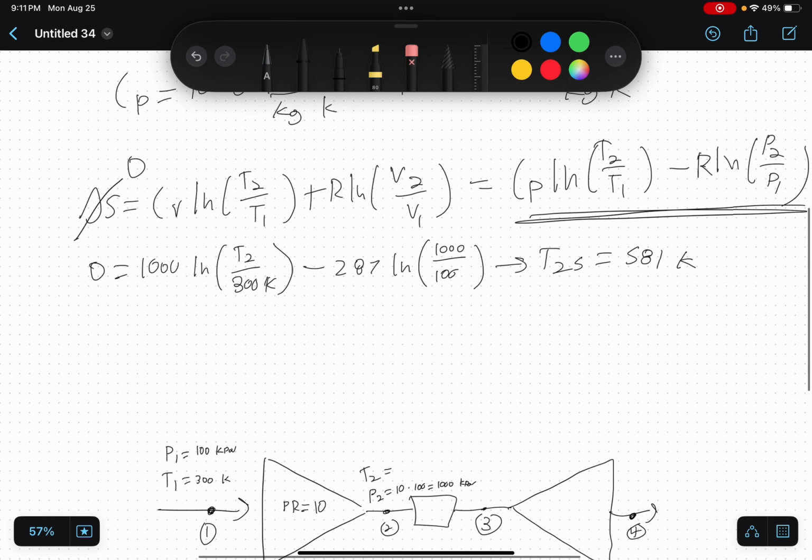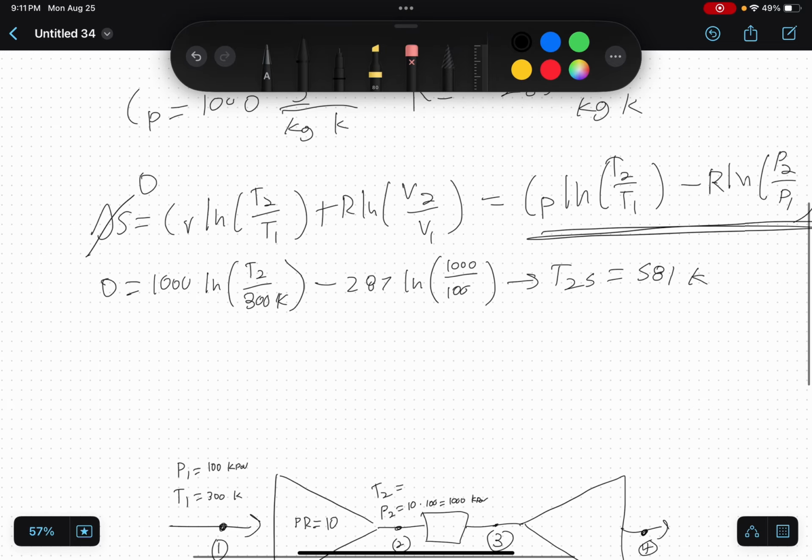So what is the actual T2, or T2A? T2 actual. To do that, we have to use the compressor efficiency equation. Would you look at that?